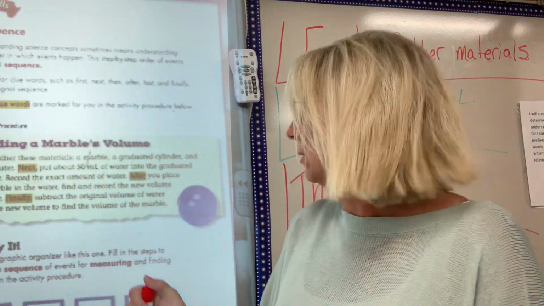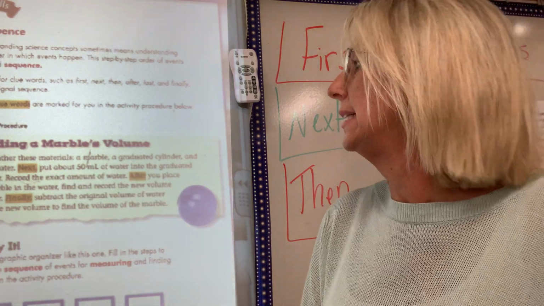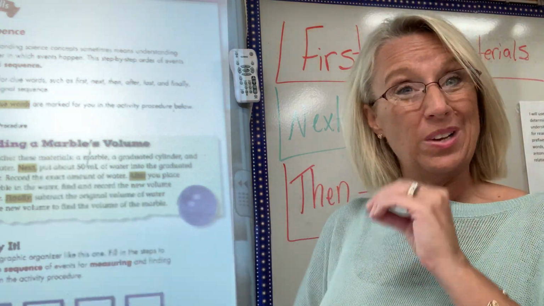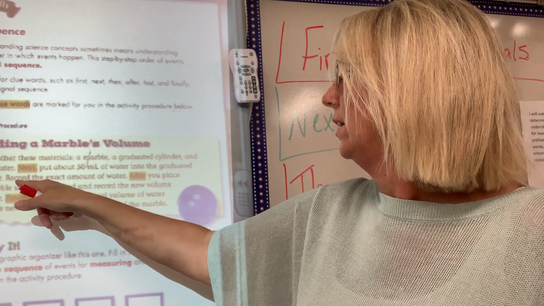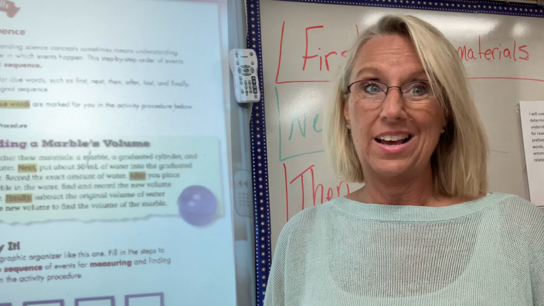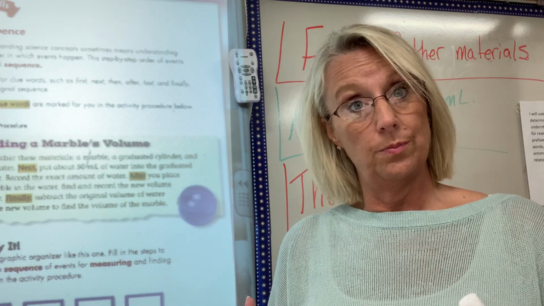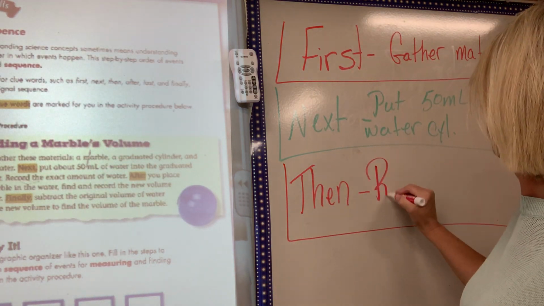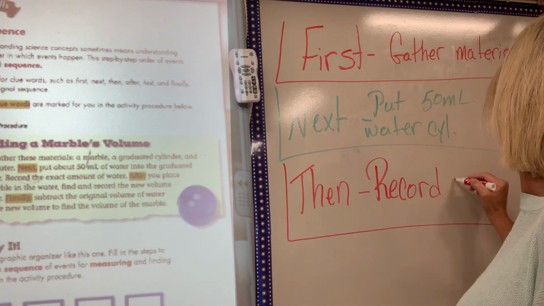That would be the sequencing word. Next, put about 50 milliliters of water into the graduated cylinder. And at this next sentence, I'm just going to insert a then to see how that sounds. Then, record the exact amount of water. I think that would sound more natural. So I'm going to say then record water.